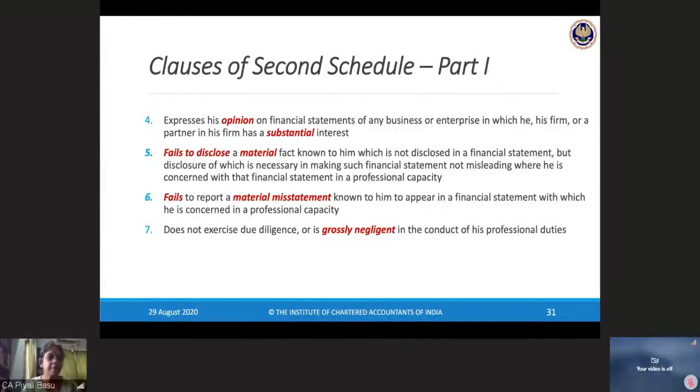Some more examples which happen: bank certificate, bank statement. It is so important, as auditing standards say. When you go for an audit as an article student, your principal or your partners or managers would say, please do the bank reconciliation and confirm that the bank figures are correct as per the trial balance.